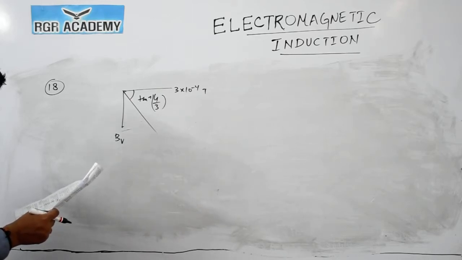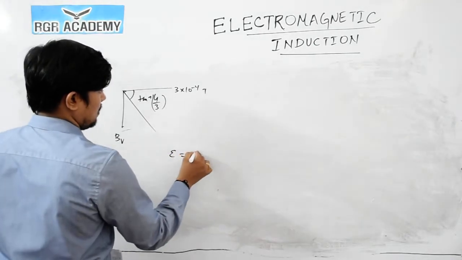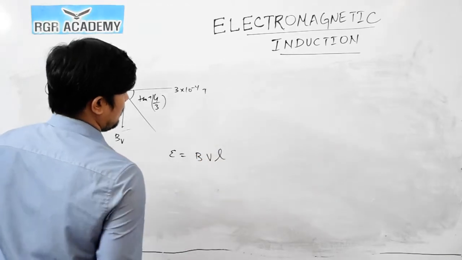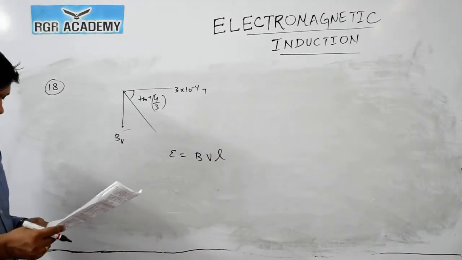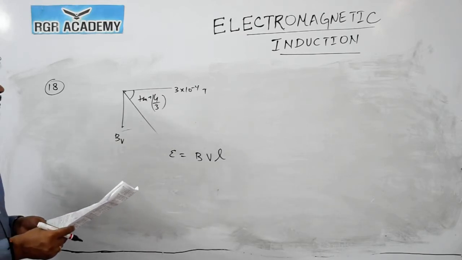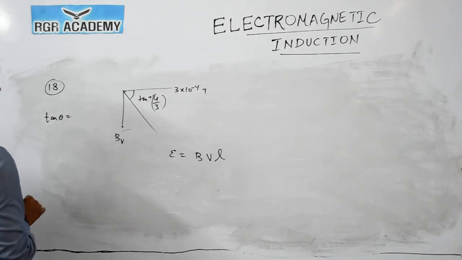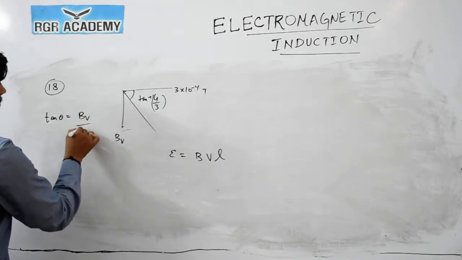The horizontal component of earth's magnetic field is this and the dip is this, for a metal rod. Okay. So now EMF is given by B into V into L, BVL. Which component of the magnetic field do we have to consider? The vertical component, and we can say that tan theta will be equal to BV by BH.